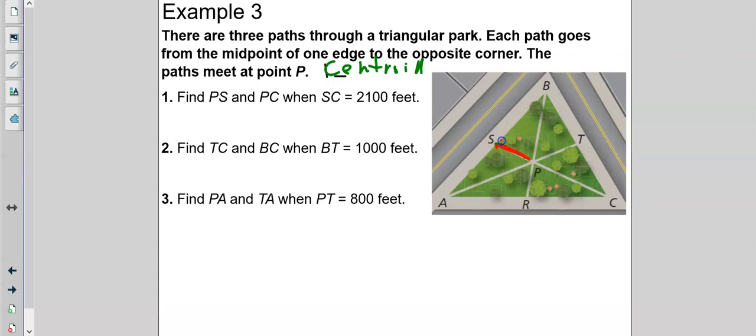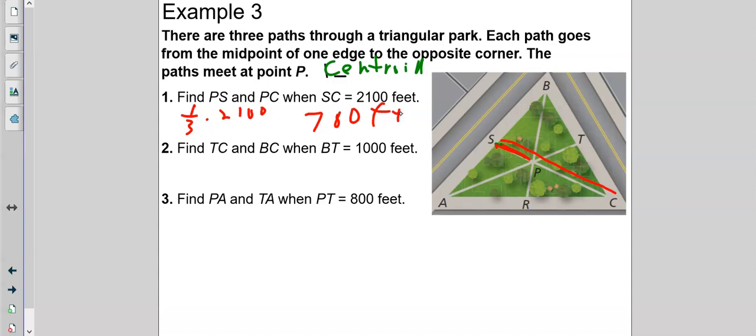If SC is 2,100 feet. Well, remember, the short segment is 1/3 of 2,100. So basically it's 2,100 divided by 3. So 3 goes into 21 7 times, so 700 feet.